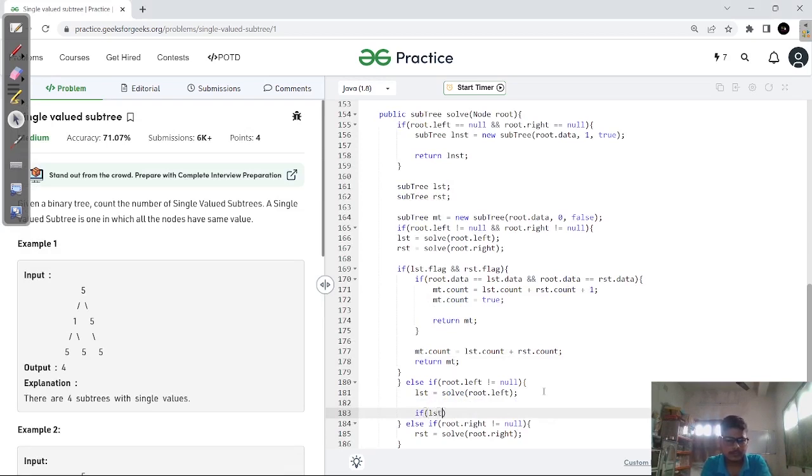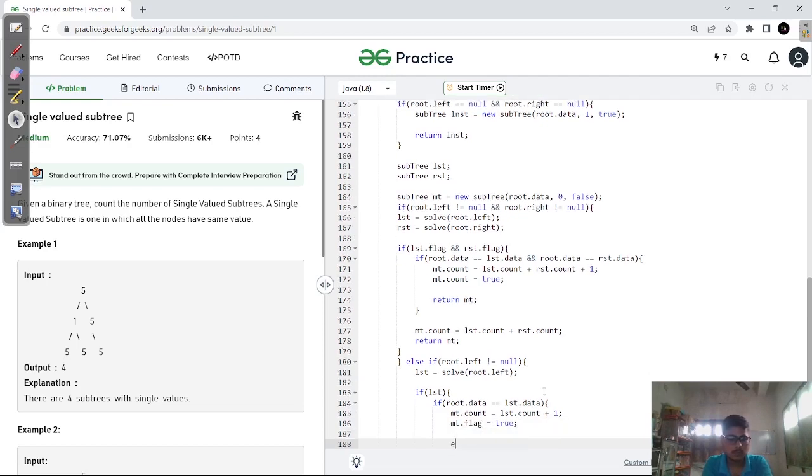So if this is true, okay, then I will check root dot data with my left subtree dot data, and if it is true, then my count will be left subtree count plus 1 and my flag will be true, and I will return my tree.